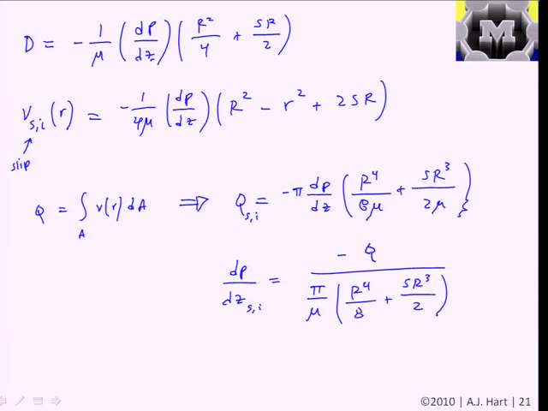So we can see that, in a different way, if we keep the flow rate constant and increase the amount of slip, then our denominator is going to increase and the pressure gradient is going to drop. So to push the same amount of flow through the pipe, due to slip, we're going to need less pumping power.